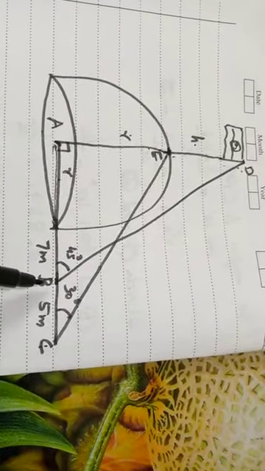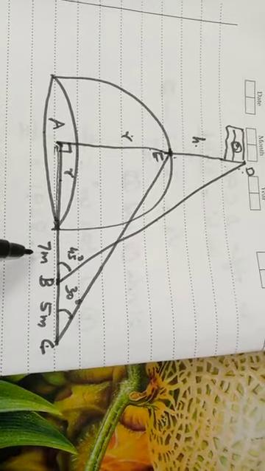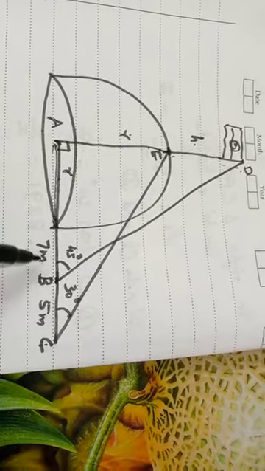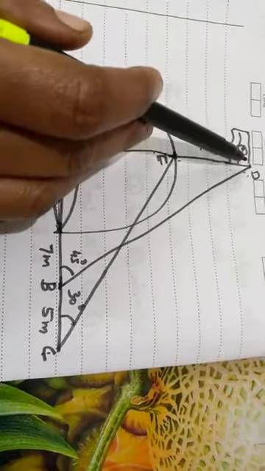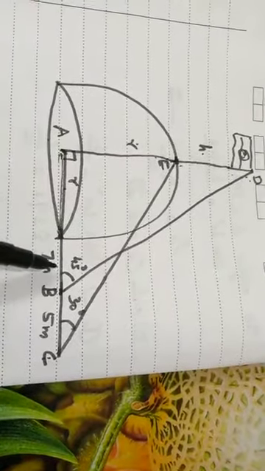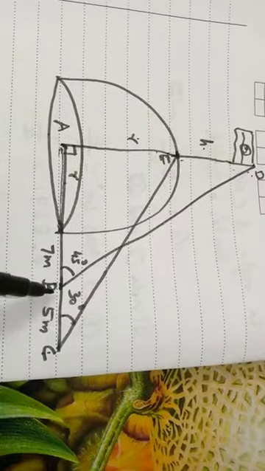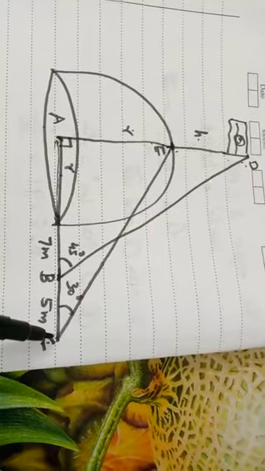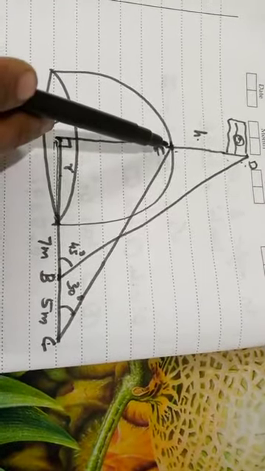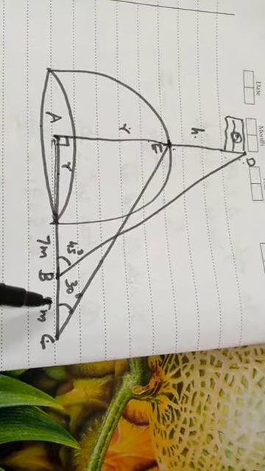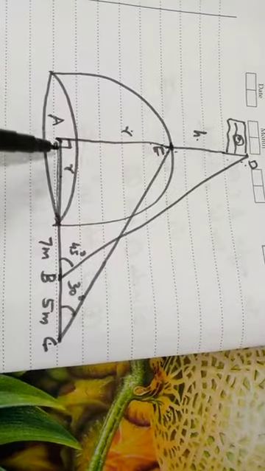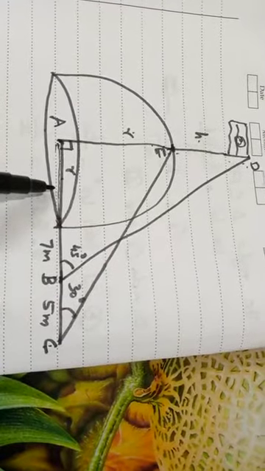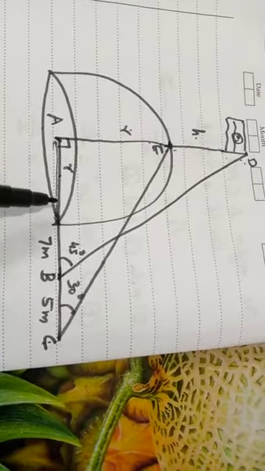First of all, a man is standing at a distance of 7 meter. At that distance he is seeing the top of the pole, making an angle of elevation 45 degree. After that he moves 5 meter and sees the bottom of the pole, making an angle of elevation 30 degree. We have to find the height of the flagpole and the radius of the hemispherical dome. Okay, let us do it here.